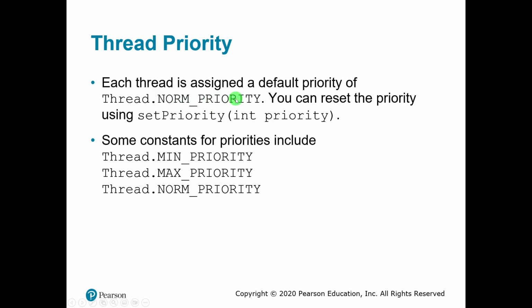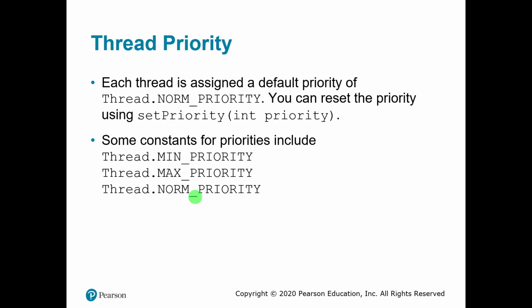Norm is 5, max priority is 10, and min priority is 1. So you can call setPriority on a thread, so the name of your thread, say thread3.setPriority. And theoretically, if we did that, that thread should finish first because it has more priority.